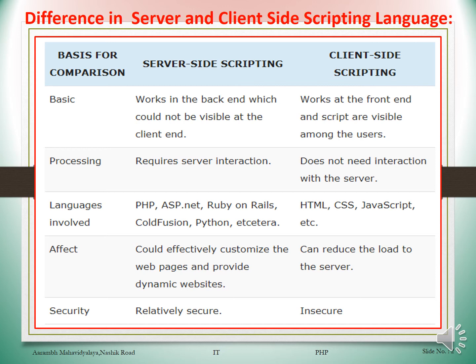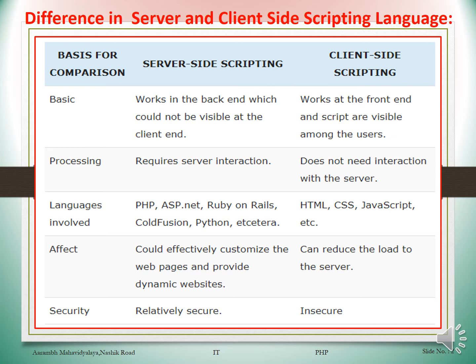Also, we have studied that client-side scripting language is interpreted. Similarly, server-side scripting languages are also interpreted. But when these programs get interpreted, client-side scripting language does not require any interface. You can see its output directly in your current browser. It may be Internet Explorer or it may be Google Chrome.